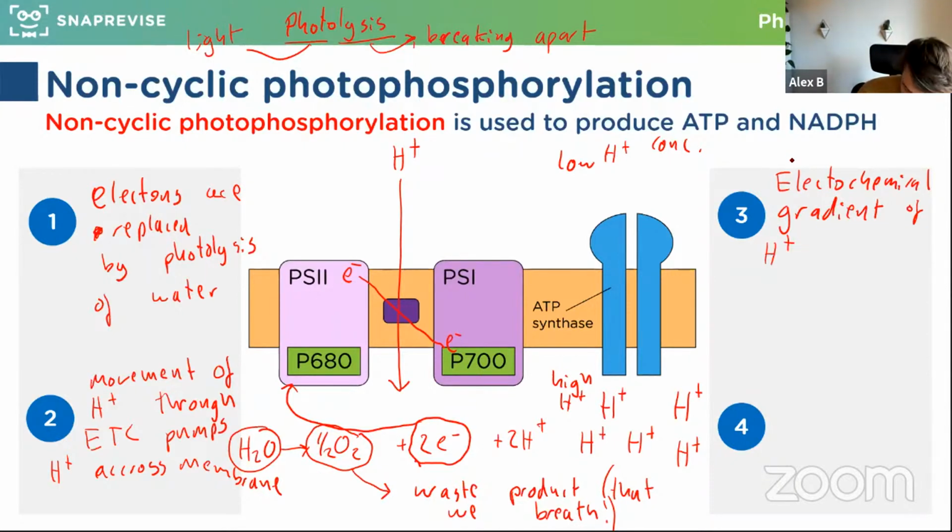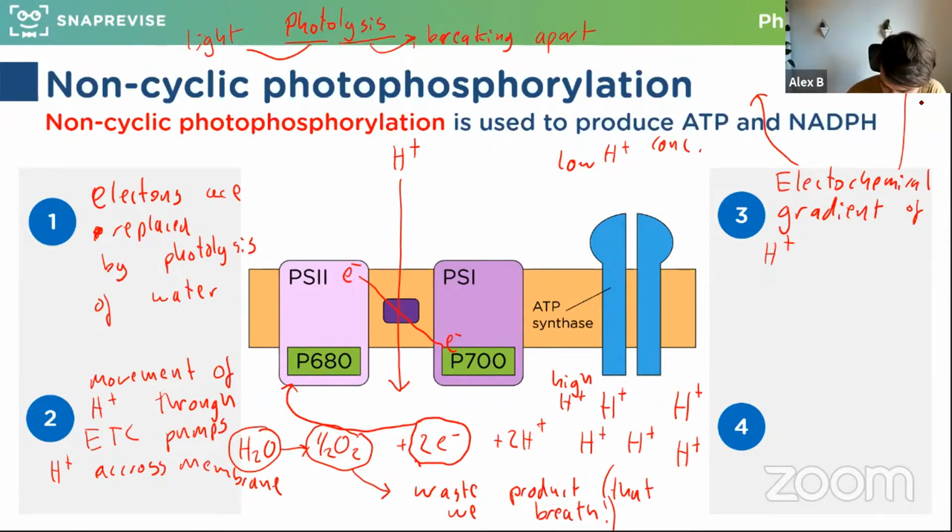So the electrochemical gradient basically means a gradient is a difference, like a concentration gradient you'll be familiar with. So there's a chemical gradient. There's a difference in the abundance of the particles, the protons, on one side. There's more on this side than the other side. But because the protons are charged, there's also an electrical difference.